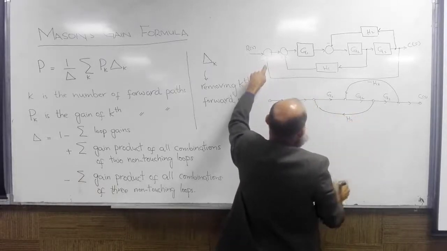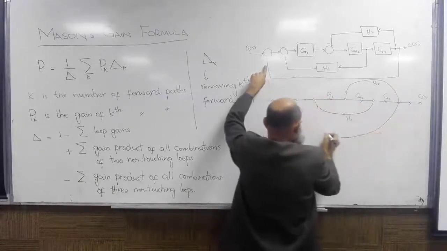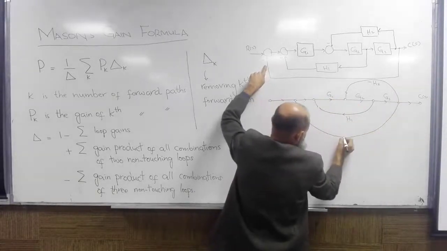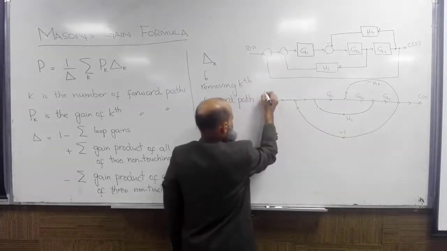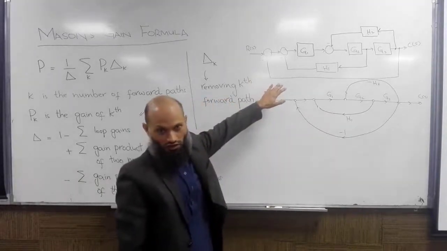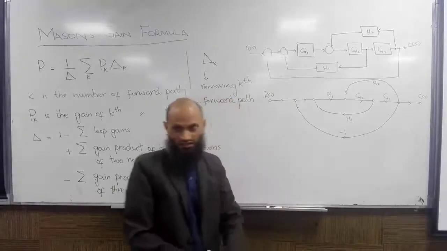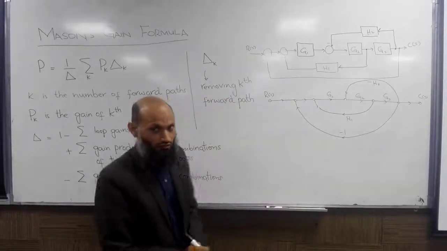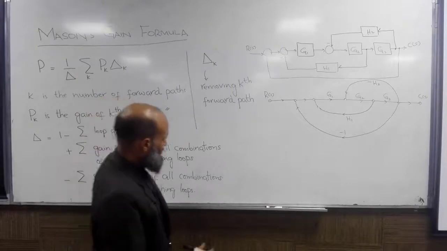And this signal comes from C of S and minus 1, right? We have the signal flow graph for this block diagram, which is represented over here. We shall utilize this formula to obtain the transfer function.